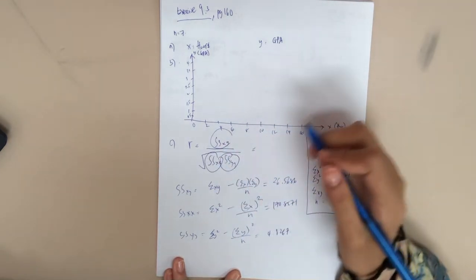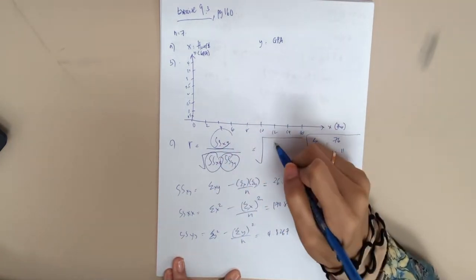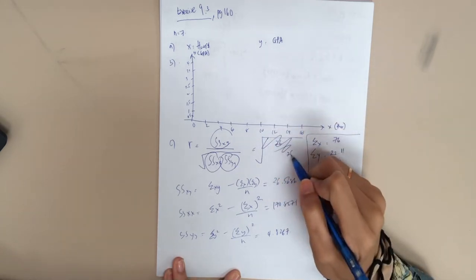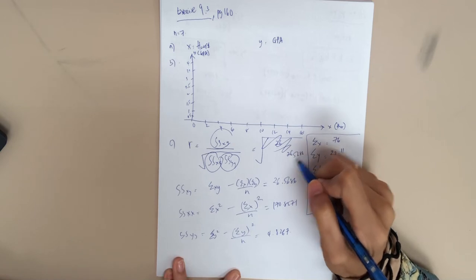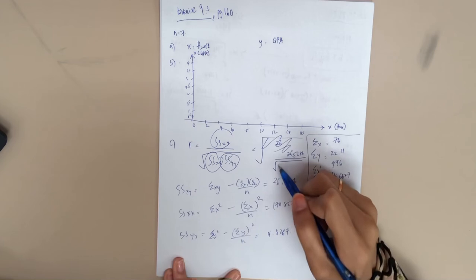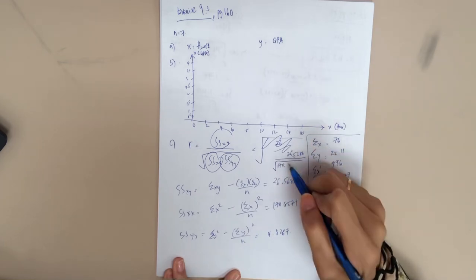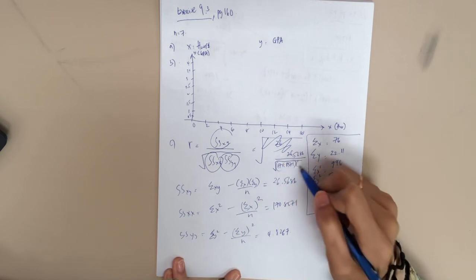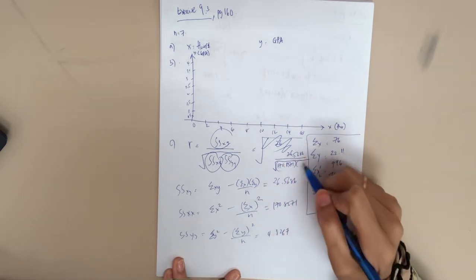So after you substitute, 26.5686 over square root. Square root is just for the denominator. 170.8571 times 4.826.